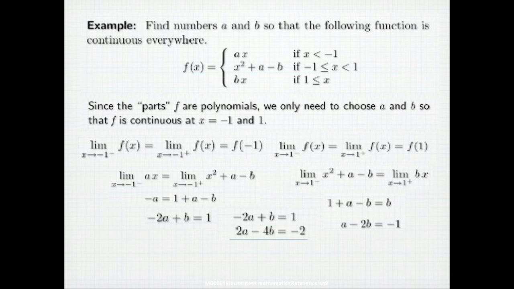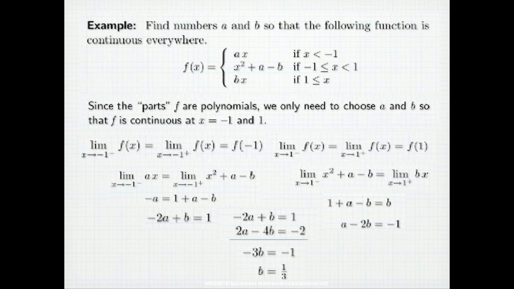So the limit as x tends to minus 1 of x square plus a minus b, and the limit as x tends to 1 of bx minus a, equals 1 plus a minus b. So we have obtained two equations: minus 2a plus b equals 1, and 2a minus 4b equals minus 2.